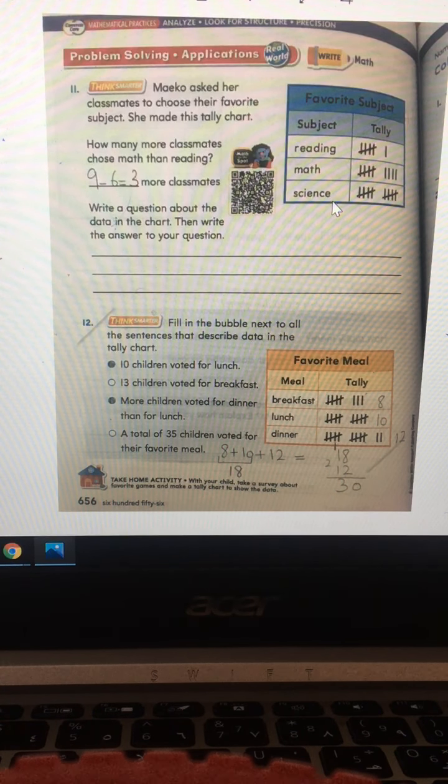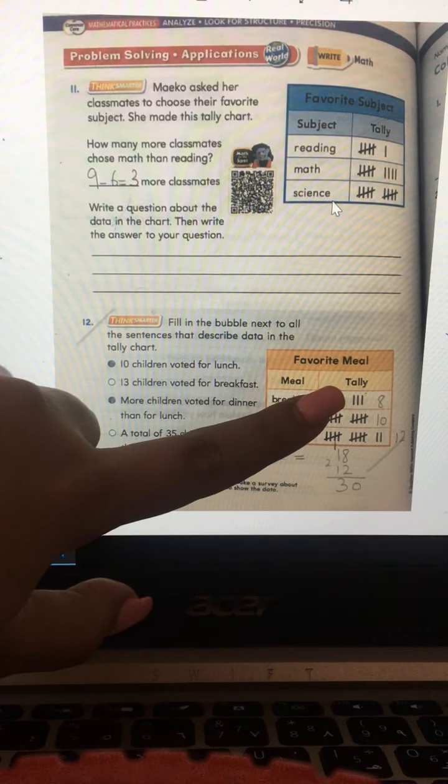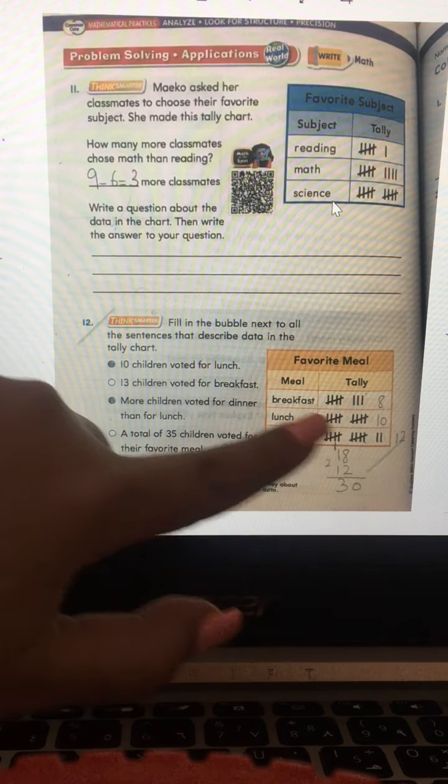A total of 35 children voted for their favorite meal. Now, in this sentence, I can understand that it wants me to know the total number of children who voted for their favorite meals: breakfast, lunch, and dinner. So let's add the total number of each meal.